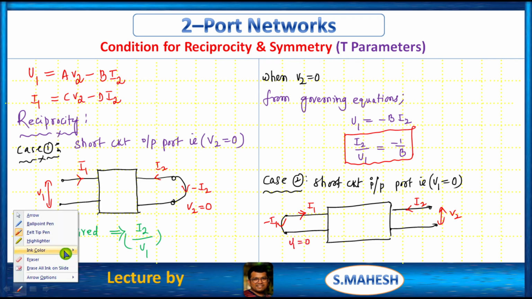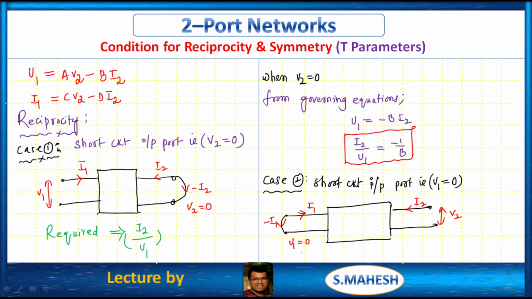Now what is the required condition from this? Always the ratio of response to excitation. Response is I1, excitation is V2. We have to get I1 by V2, right?